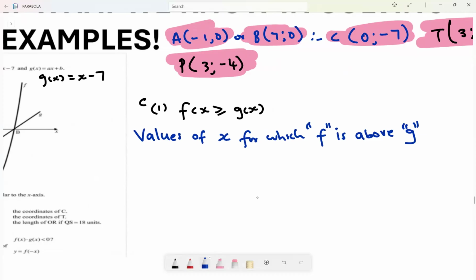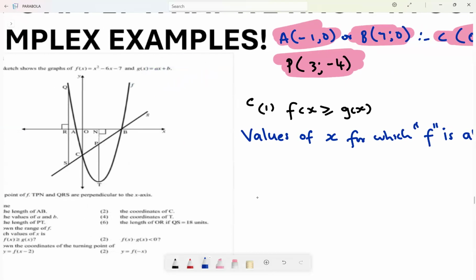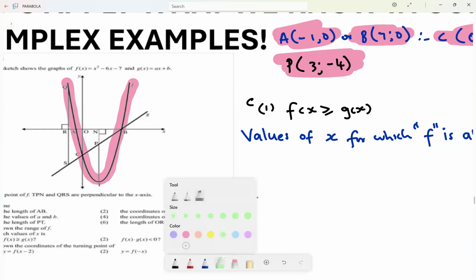Where is f above g on this portion? We look at where f is above my g. When I check here, from this portion, it is above. Can you see that?